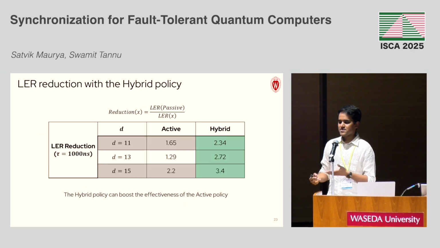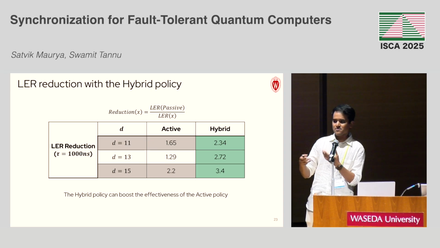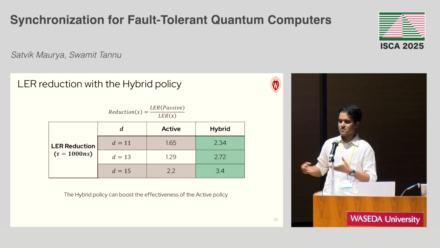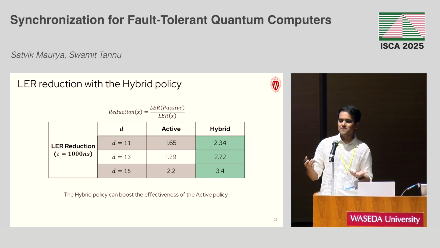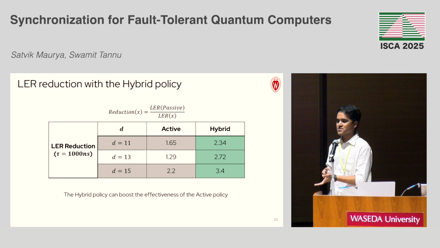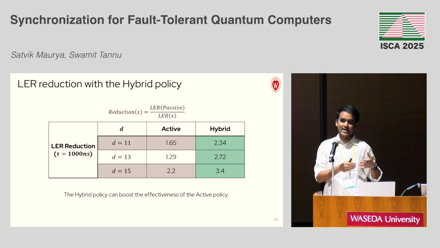Remember, in the hybrid policy, we're further reducing the idling periods at the end of every round, but we're also running a few extra rounds of error correction. Every round of error correction adds a little bit of error to your total error rate budget. So there's a slight trade-off here, about how many extra rounds you run and how much idling duration you add at the end of every round.